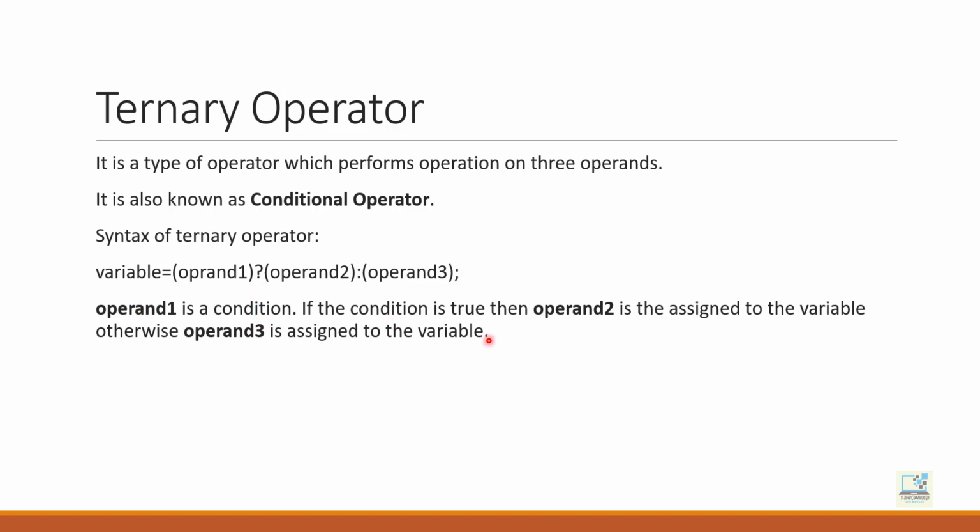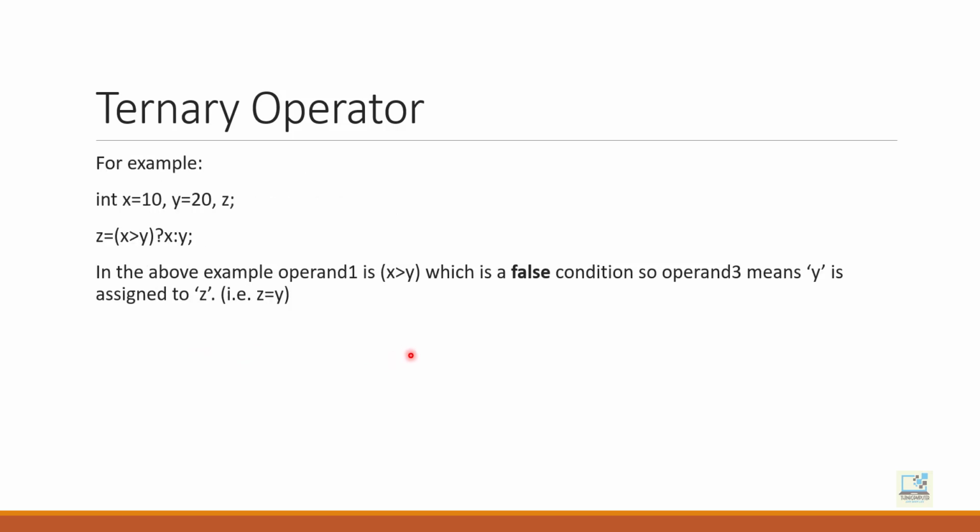If the condition is true, then operand 2 is assigned to the variable, otherwise operand 3 is assigned to the variable. For example, if I say that x is 10, y is 20, and if I write x > y ? x : y, so in this example operand 1 is x > y, which is false.